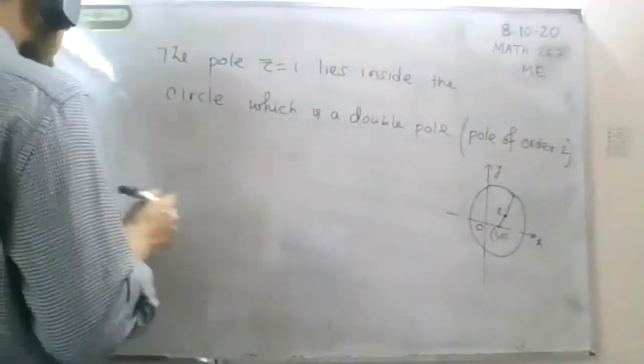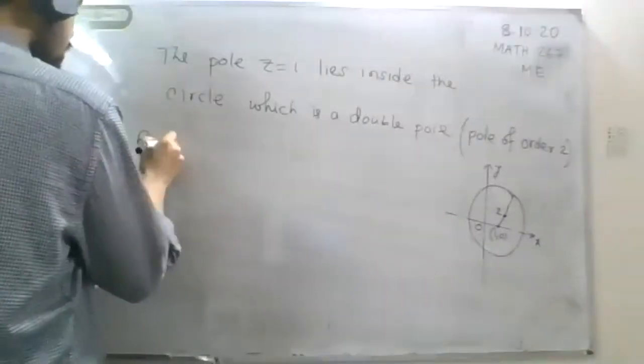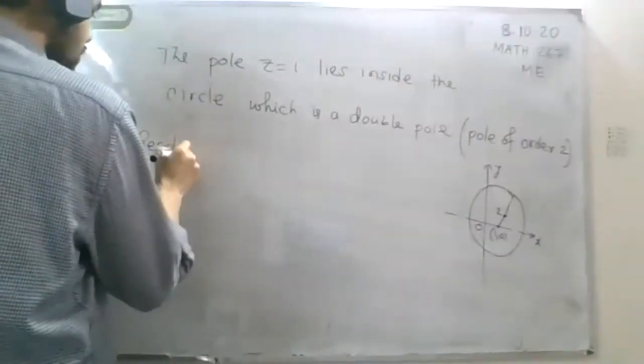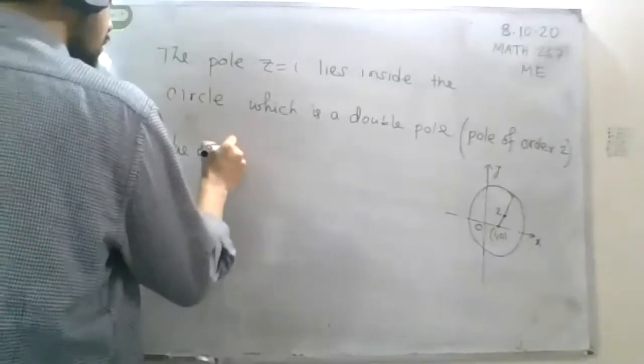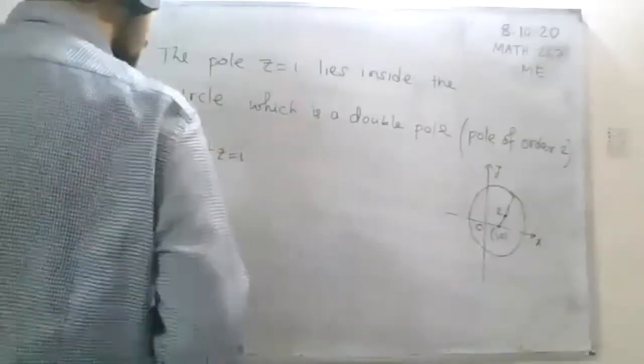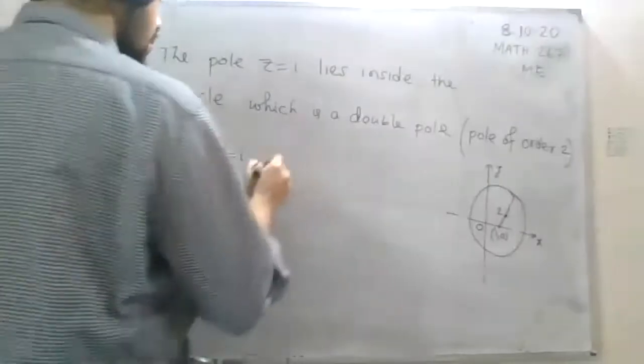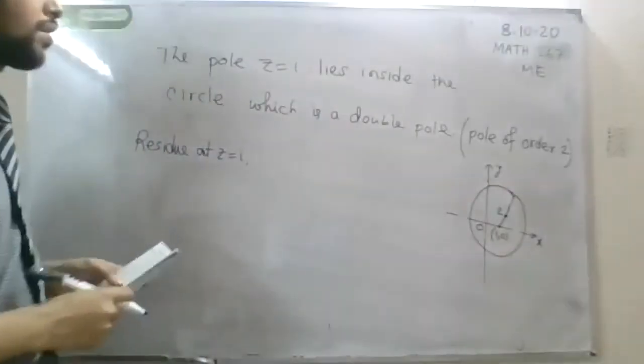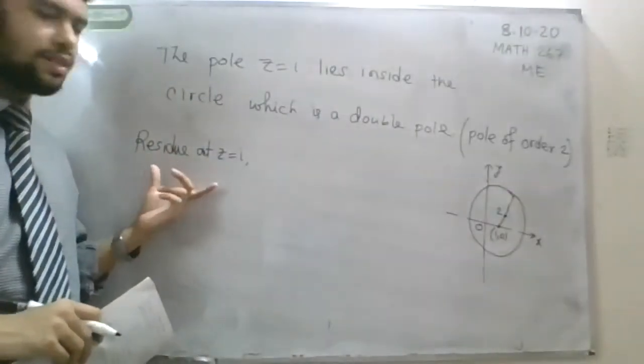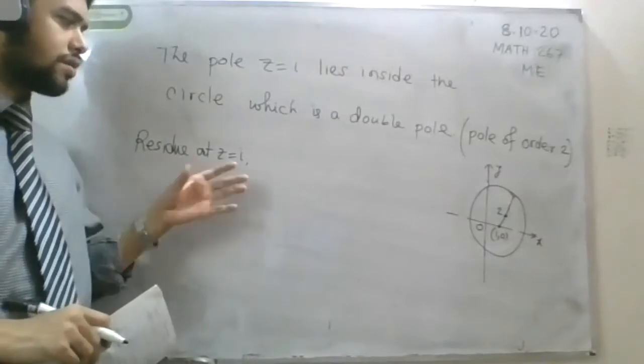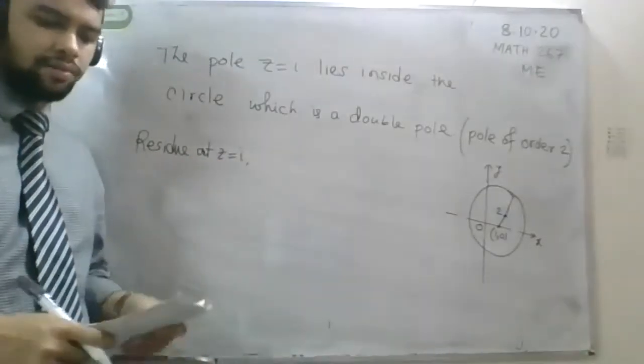So you have to find the residue at z equals i. So tell me the formula for finding the residue at a double pole.